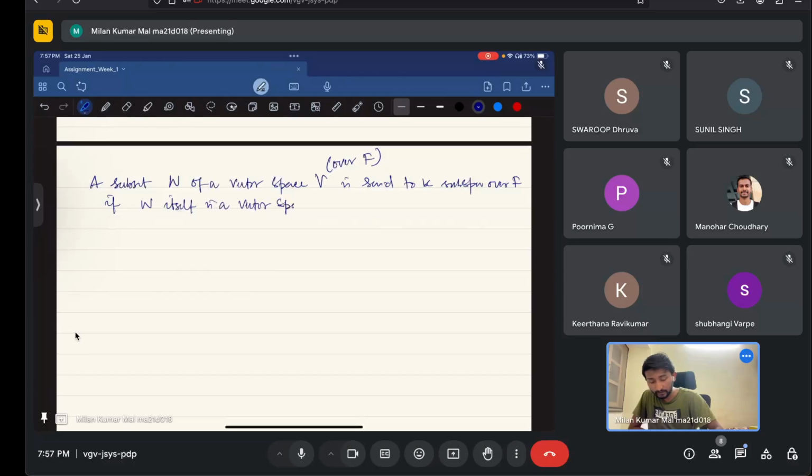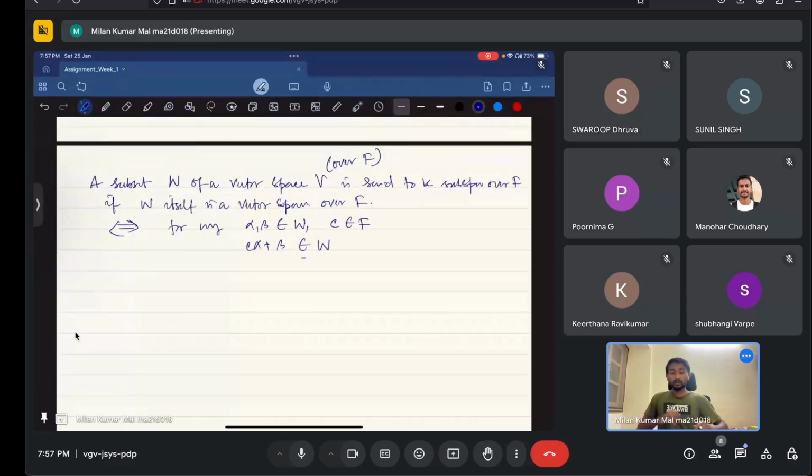And that is equivalent to saying that for any alpha, beta belonging to W and c belonging to the field F, c alpha plus beta should be contained in W. So if this is happening, for any alpha, beta belonging to W, this is called the addition operation.